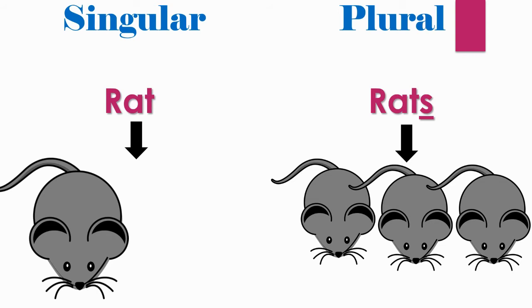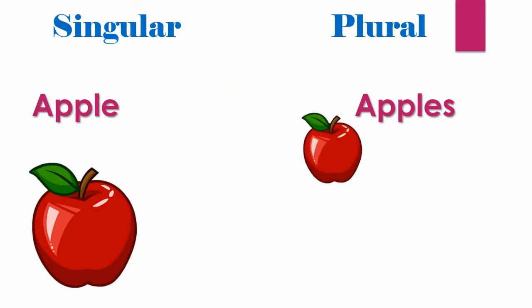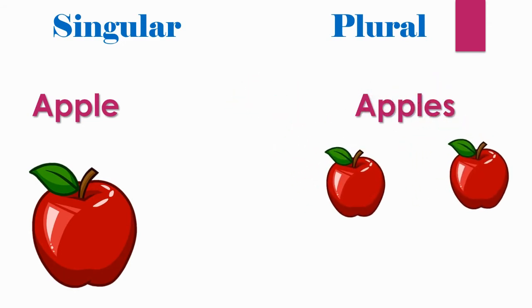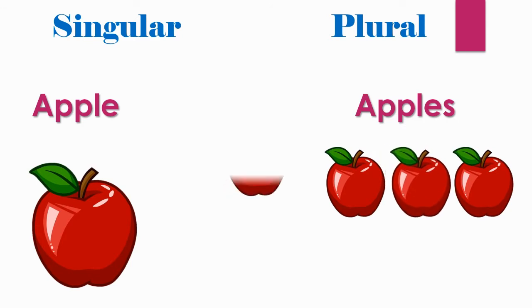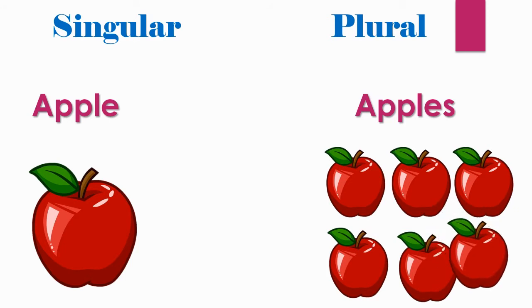Number of rats in plural column is more than 1, so it is plural. Next example is apple, apples. Number of apples in plural column is more than 1, so it is plural.